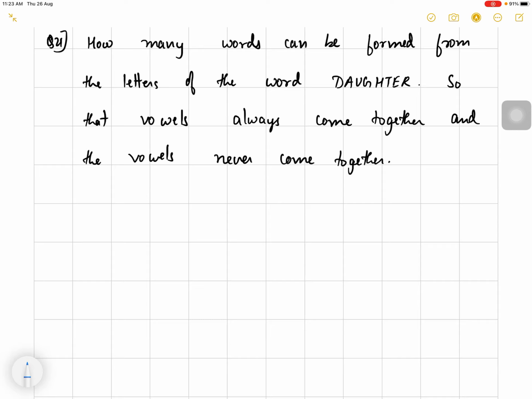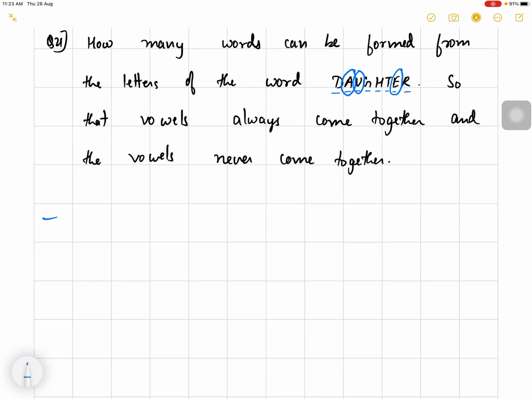Vowels are always together. Okay, where are the vowels? A, U and E are the vowels. Correct? So number of vowels is 3. And how many letters are there in total in the word daughter? 1, 2, 3, 4, 5, 6, 7, 8. There are 8 letters.